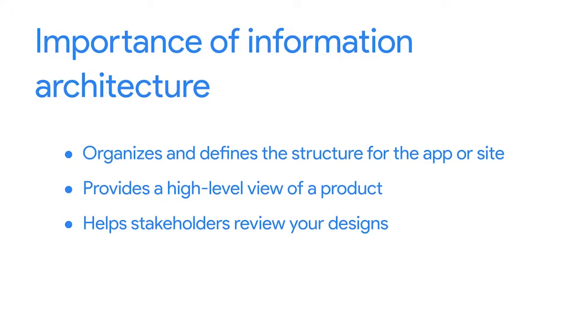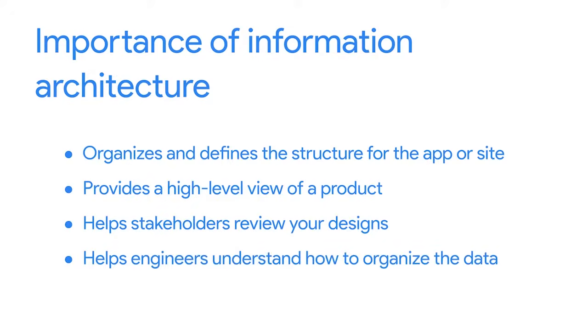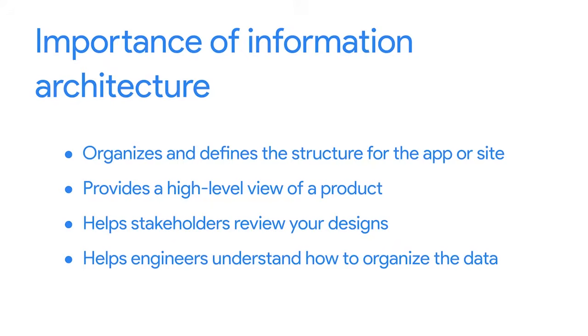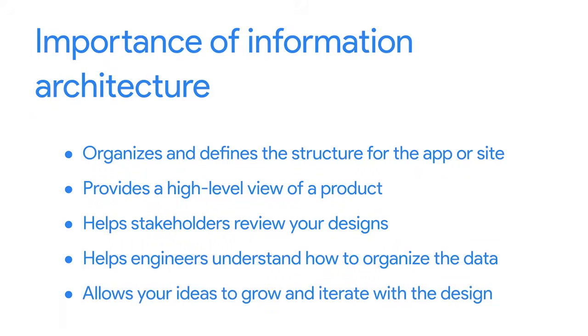Strong IA also helps engineers understand how to organize the data, so the eventual development of the product matches the visual designs you've created. So not only will your users benefit from good IA, it will make your colleagues' jobs easier too. Finally, an information architecture that's flexible allows your ideas to grow and iterate with the design.